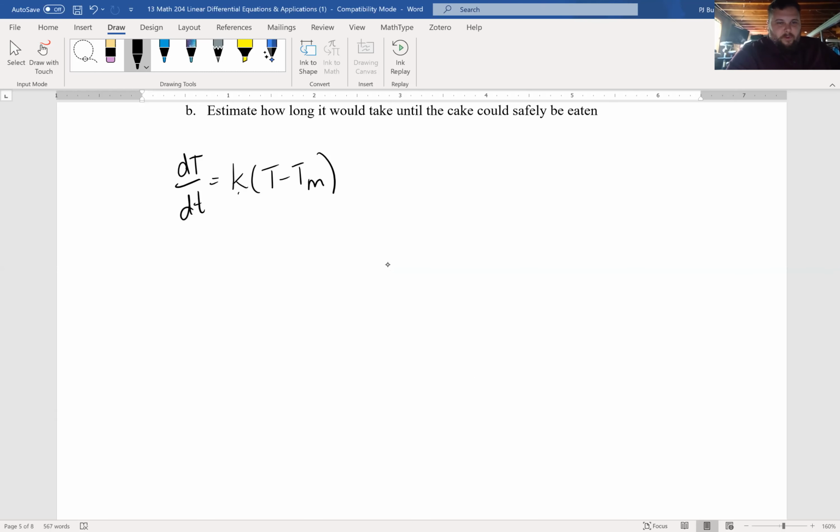I am going to multiply through by k here, and this will give me kT minus kTm. Now, if I want to get it into the correct format, I need my derivative and this k times temperature to be on the same side. So I'm going to subtract this back over to the other side.